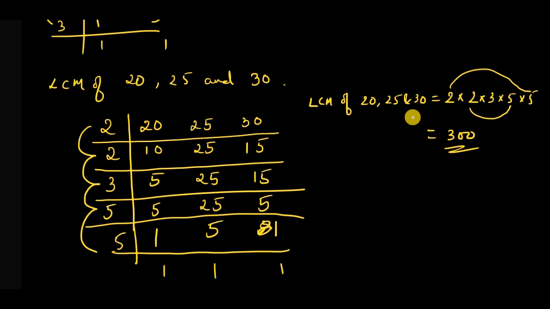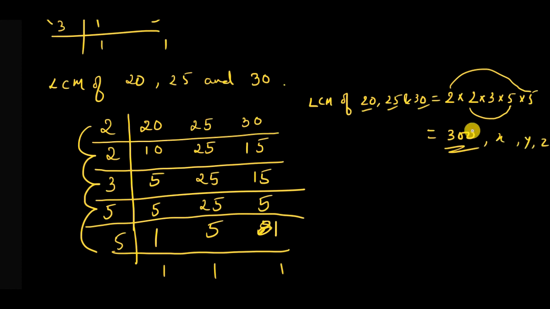What it basically means is 300 is the number which is divisible by 20, and which is divisible by 25, which is divisible by 30. There are more numbers which are divisible by 20, 25, 30, like x, y, z, but 300 is the number which is divisible by all of them, and it's the smallest number which is divisible by all of them.